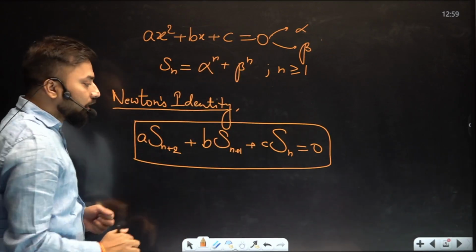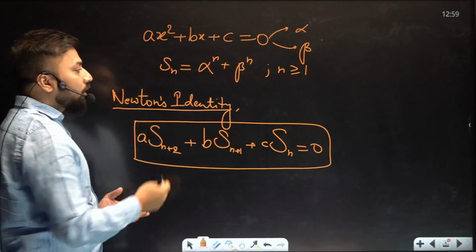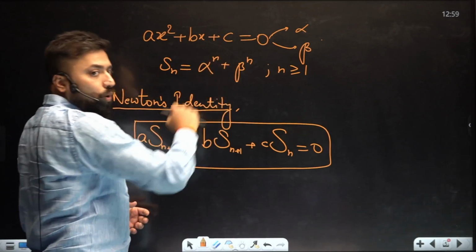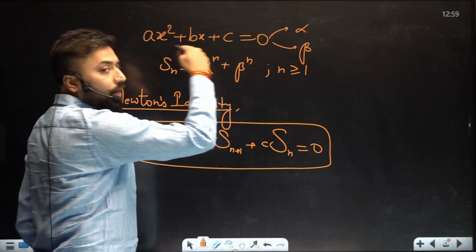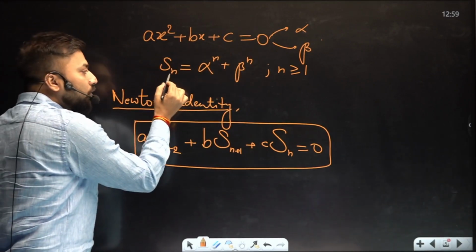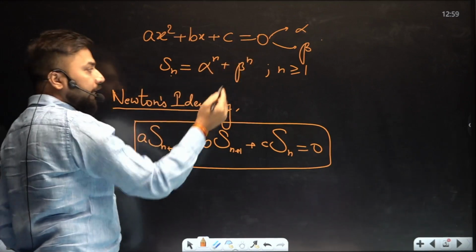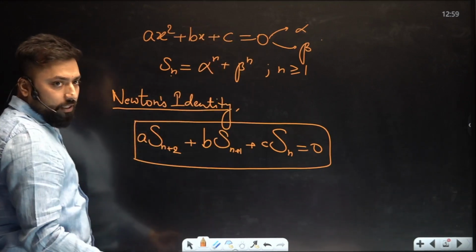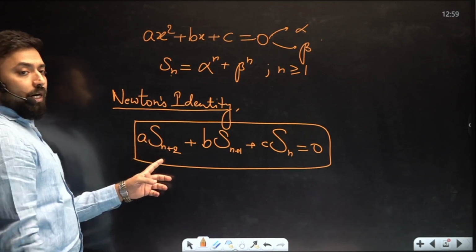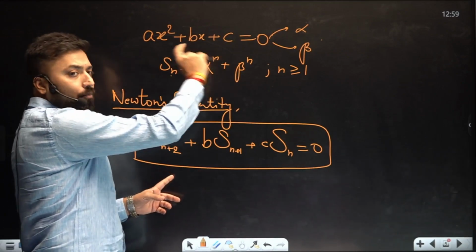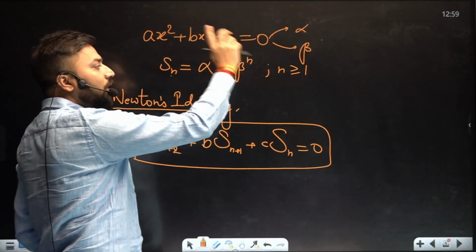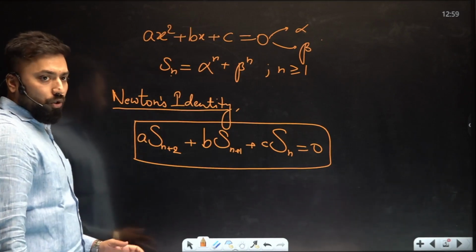Sn plus 1 would become alpha raised to power n plus 1 plus beta raised to power n plus 1. So whatever is written over here gets propagated. Sn plus 2 would become alpha raised to power n plus 2 plus beta raised to power n plus 2. Understood?